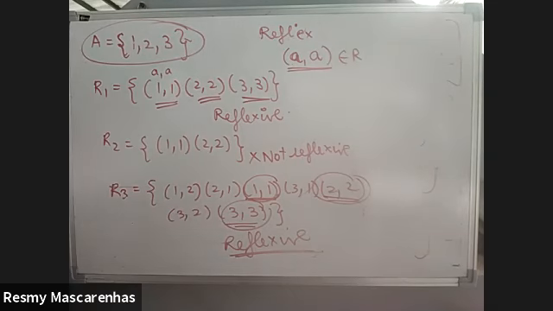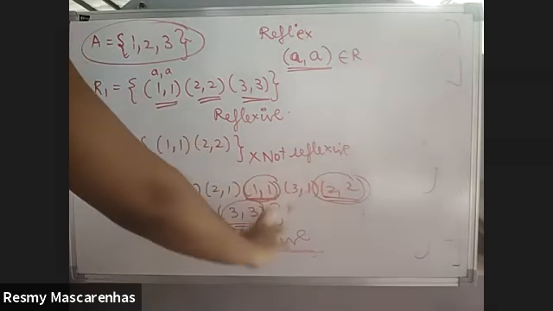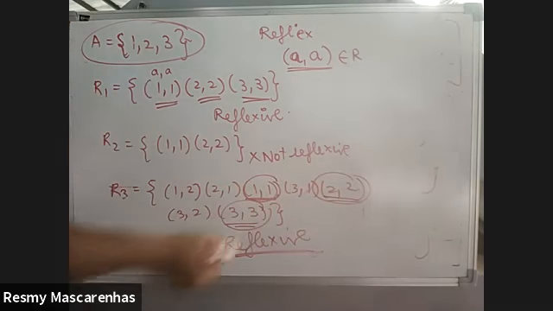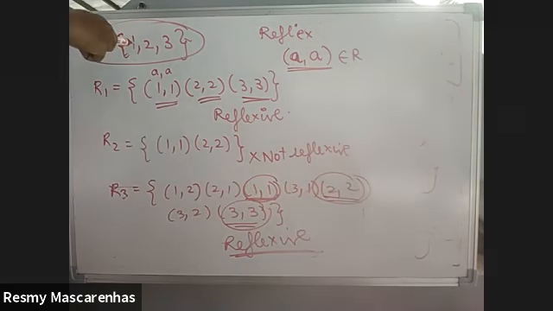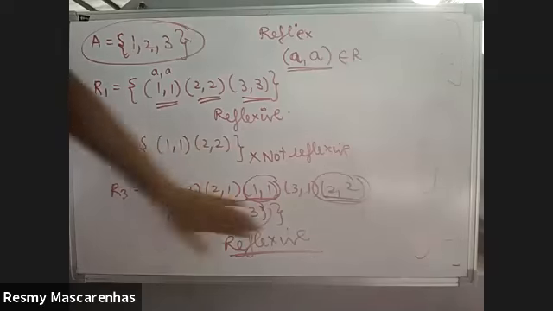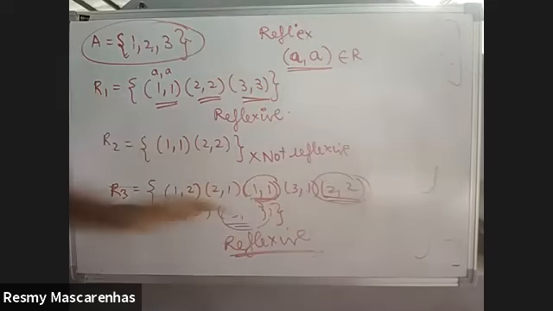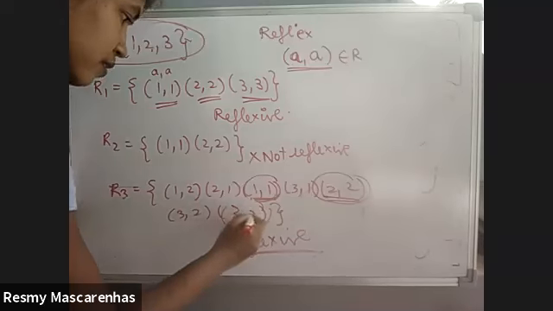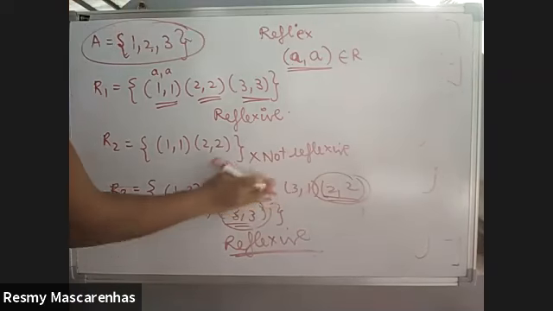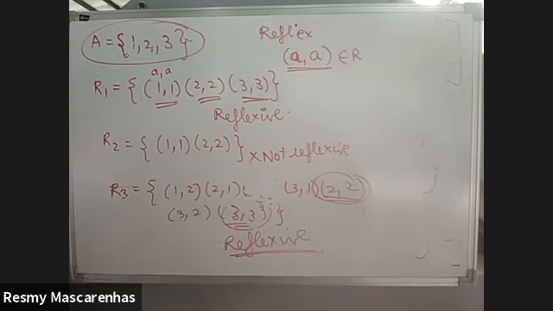So no matter how big the Cartesian product pairs are, you have to try to locate your main pairs. That is 1 comma 1, 2 comma 2 and 3 comma 3 should be there. Then it is called reflexive. Suppose this pair was not given to you, so only 2 comma 2 and 3 comma 3 are there, but 1 comma 1 is not there.